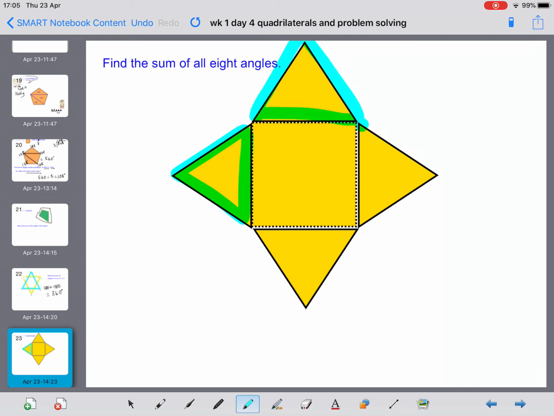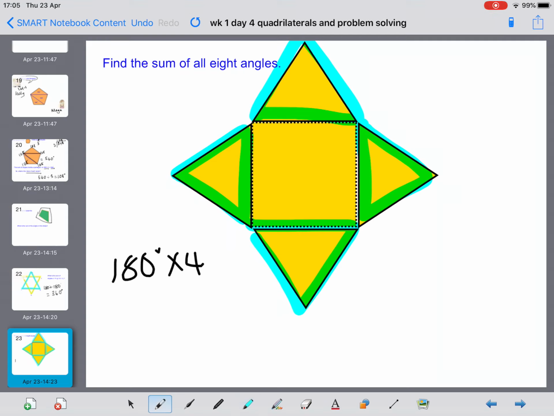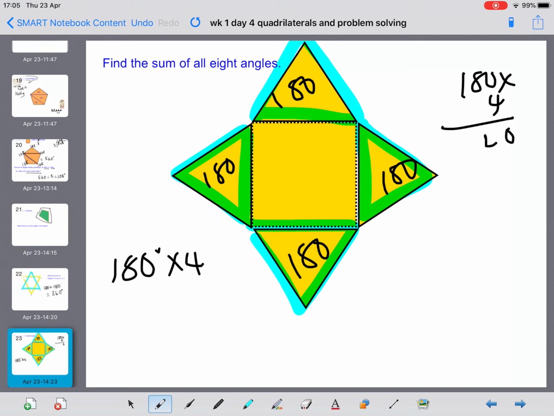They're easy to spot, aren't they? 1, 2, 3, 4. So you've definitely got 180 degrees times 4. That's 180, 180, 180 and 180. 180 times 4 is, we should already know, 720.